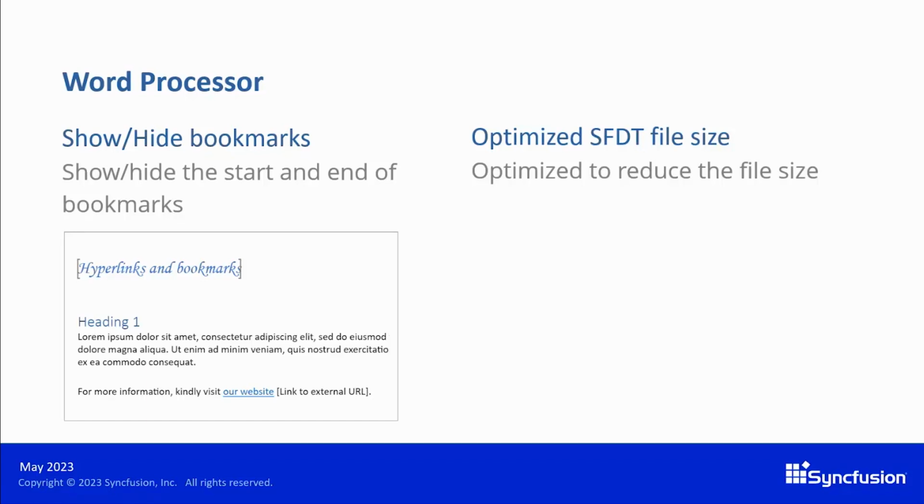And then the next update for word processor is, we know the word processor component generates an SFDT file. Now the SFDT file size has been optimized so that the file size has been reduced a lot.